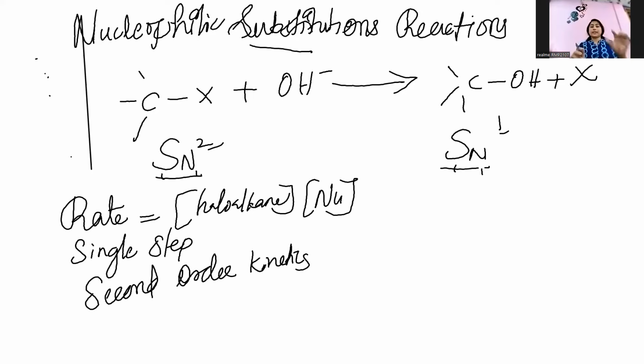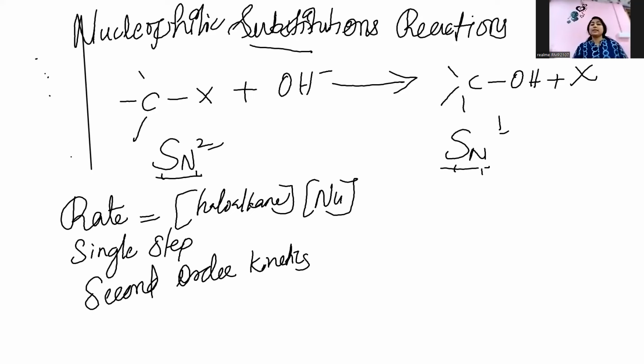Always study SN2 and SN1 in contrast: SN2 is a single-step process and SN1 takes place in two steps. In SN2, the rate is determined by the concentration of the haloalkane and also the nucleophile, since it's a single step, and it follows second order kinetics.